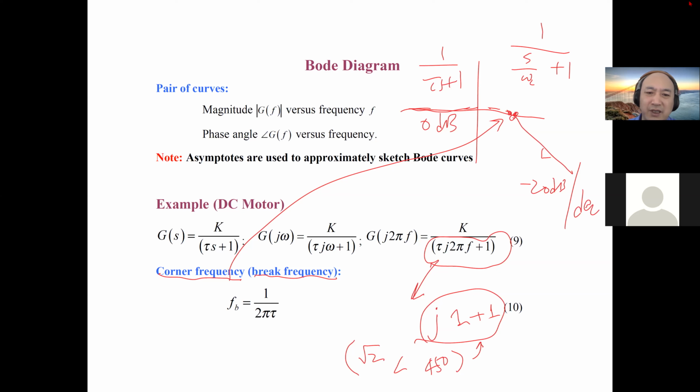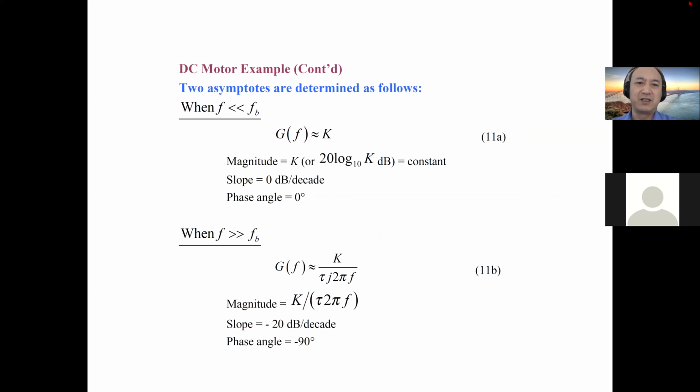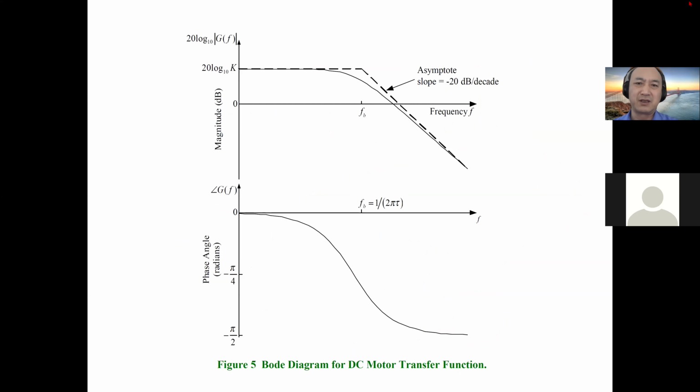So the omega B is 1 over tau. And remember, omega is 2 pi f, or 2 pi divided by T. You have learned this before. This is just a review of asymptotes. We have seen this already.